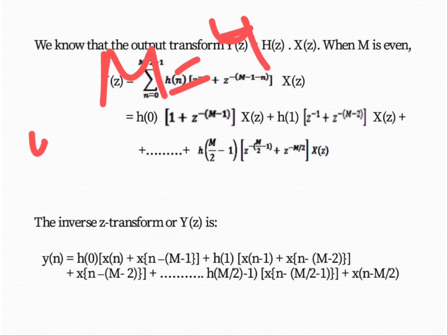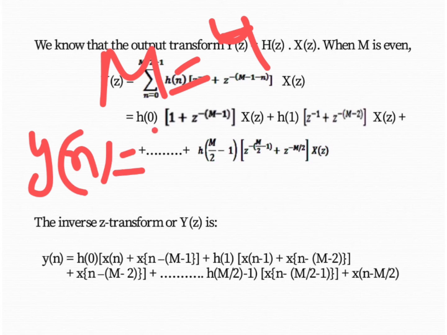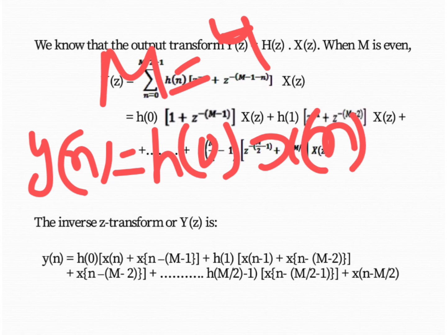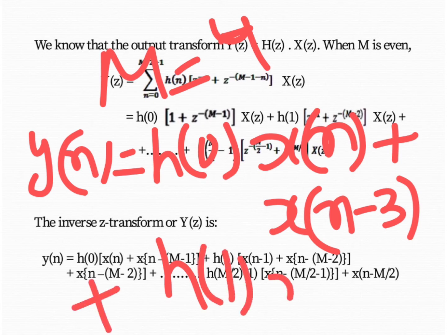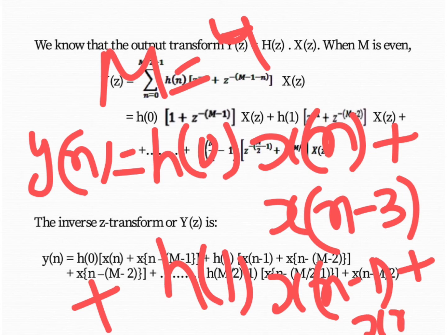After putting 4, we get the equation h(0) times x(n) plus x(n minus 3), where 3 is 4 minus 1, plus h(1) times x(n minus 1) plus x(n minus 2), where 2 is 4 minus 2.